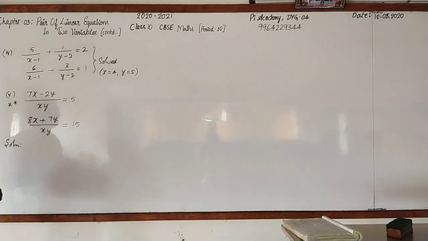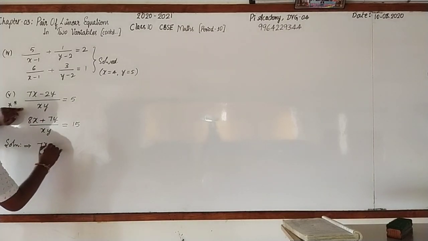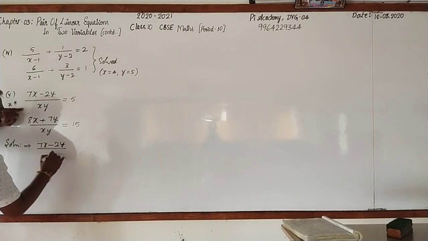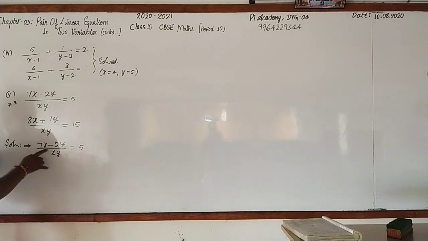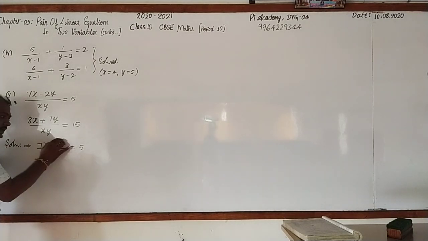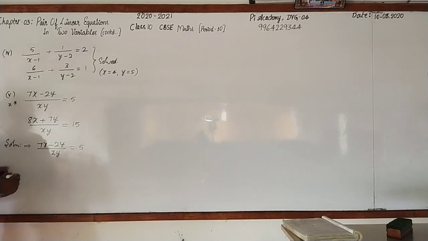How do you go for solving these two equations? Observe. Here the first equation is (7x minus 2y) by xy is equal to 5. What does it mean? It means that the first term and second term are both divided by xy.